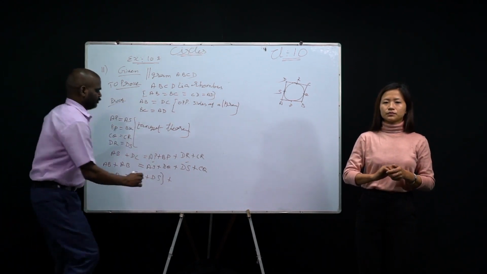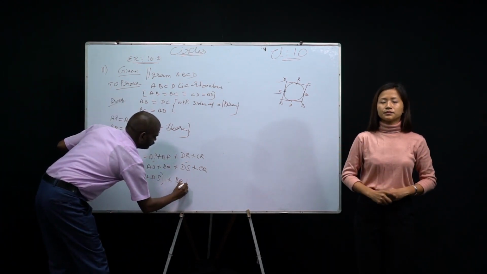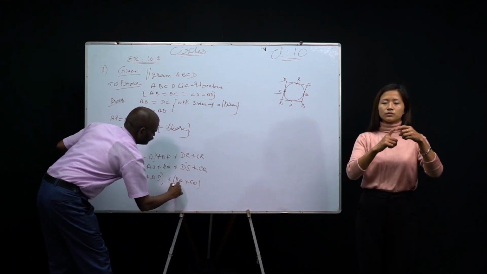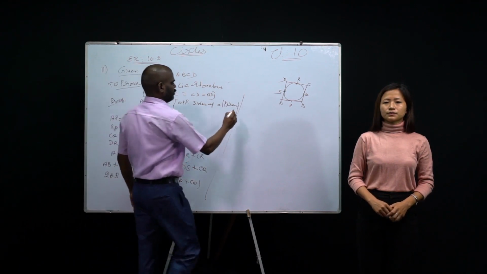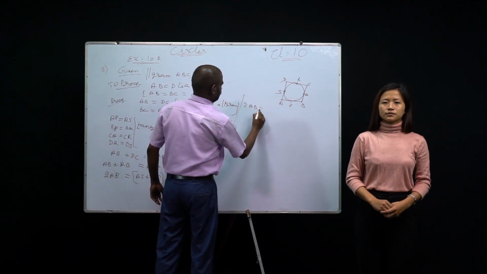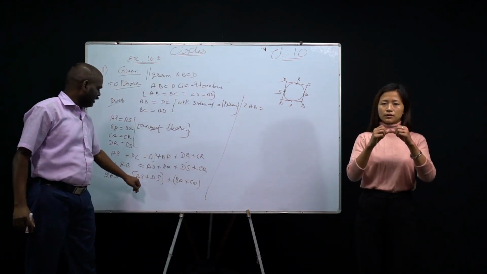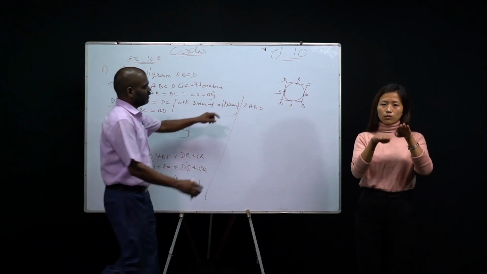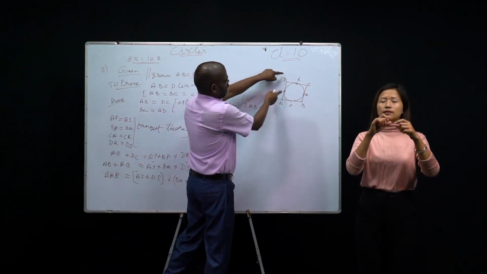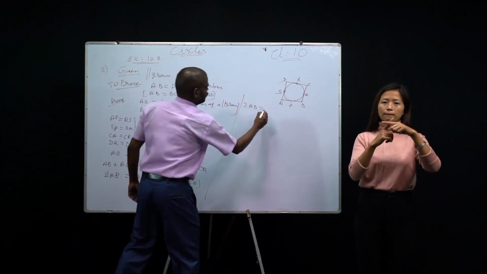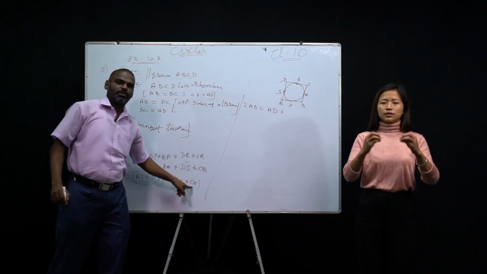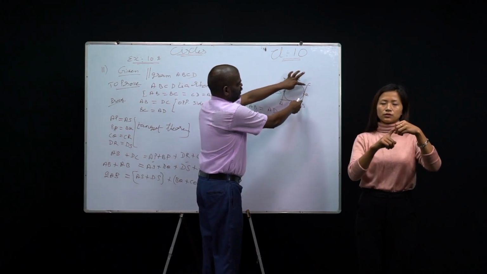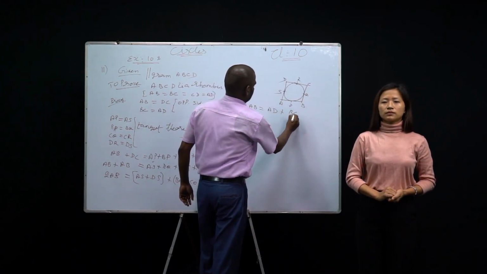Next, 2AB equals AS plus DS plus BQ plus CQ. AS plus DS equals what? AD. BQ plus CQ is equal to BC.